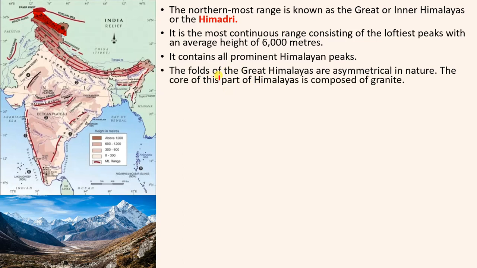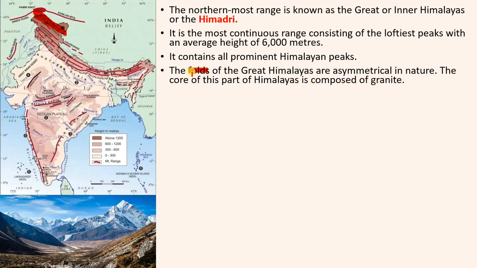The folds of the Great Himalayas are asymmetrical in nature. Asymmetrical means they are not equal, of different altitude or different shape and size. They are highly asymmetrical. The core of this part of Himalaya is composed of granite.